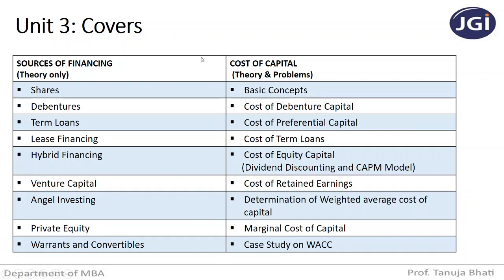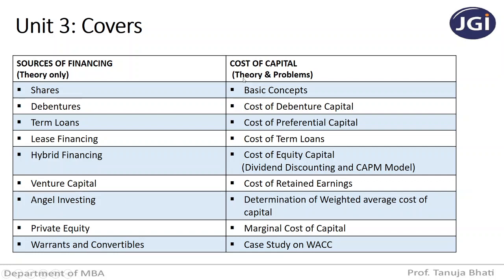So I'll be dividing this module into two parts. In sources of financing, we will be seeing what are shares, debentures, term loans, lease financing, hybrid financing, venture capital, angel investing, private equity, warrants and convertibles.